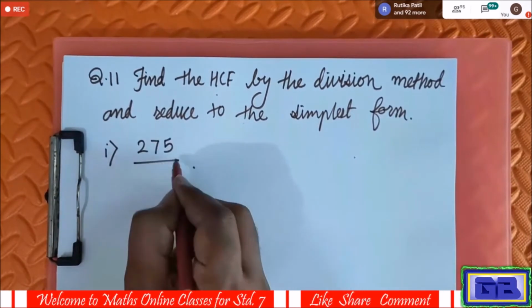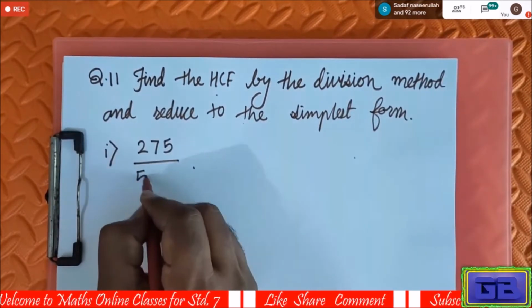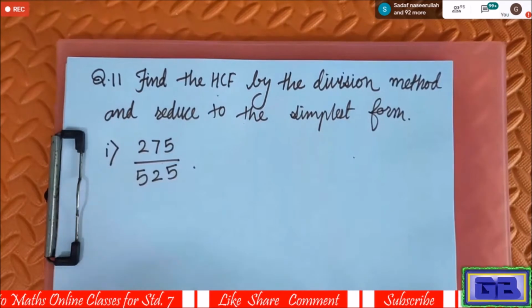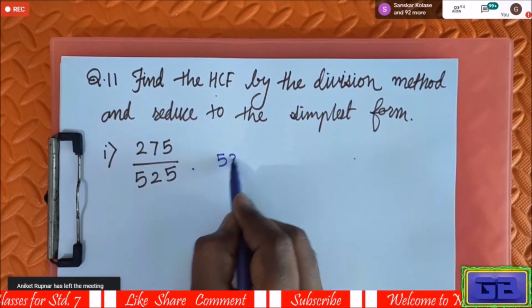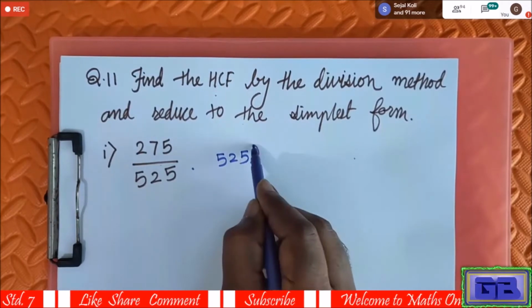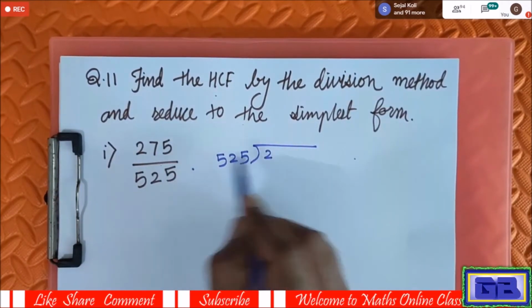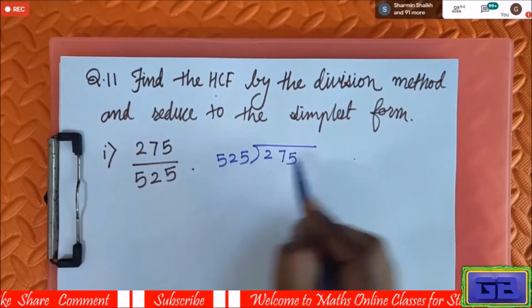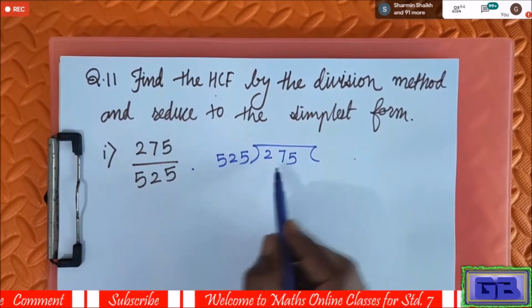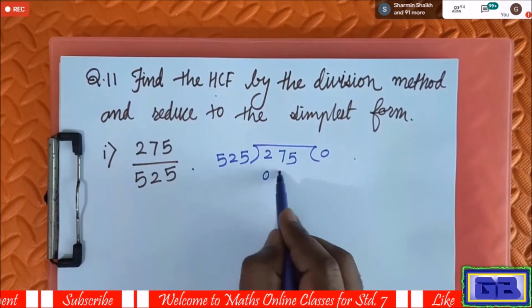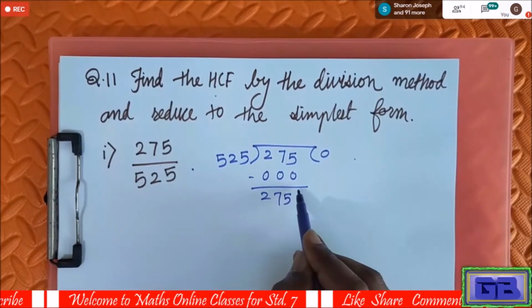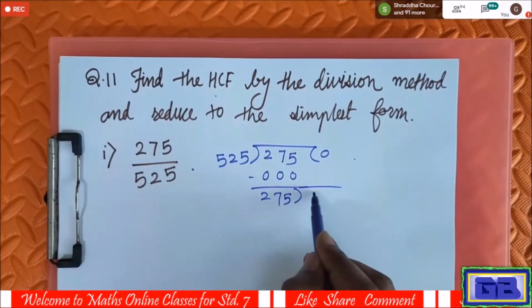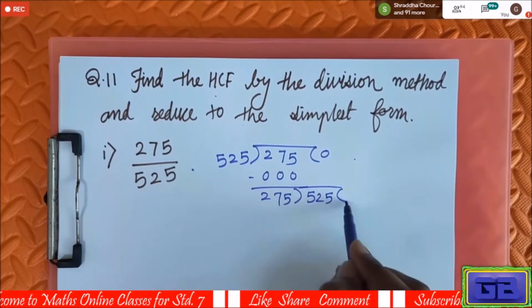275 upon 525. Denominator will come at the place of divisor and numerator at the place of dividend. As this number is smaller, zero quotient, 275. Now this number will come here, 525.